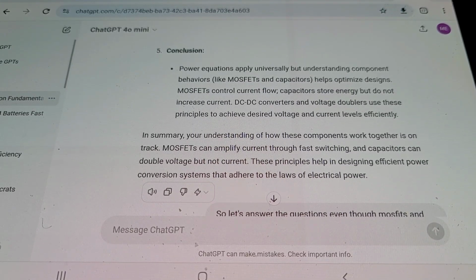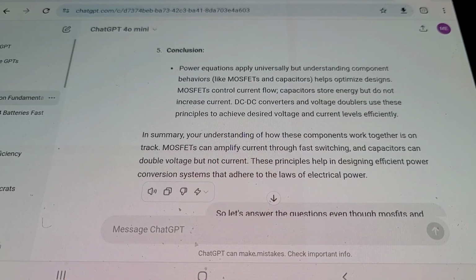Okay? So if you don't understand these principles, which I believe a lot of people don't, in my last video they thought I was getting it wrong. And I wanted to talk about that because we're taking voltage and amperage from two different places.